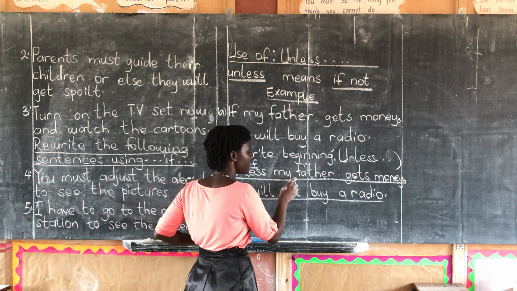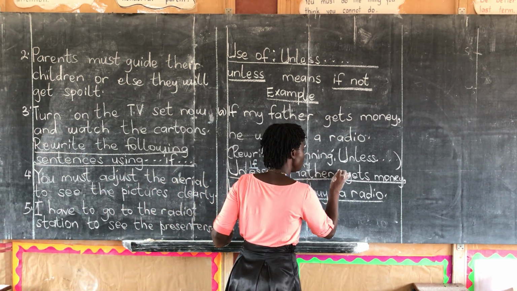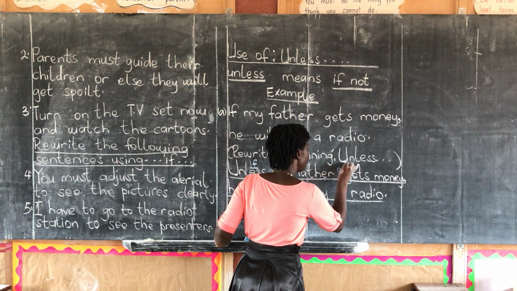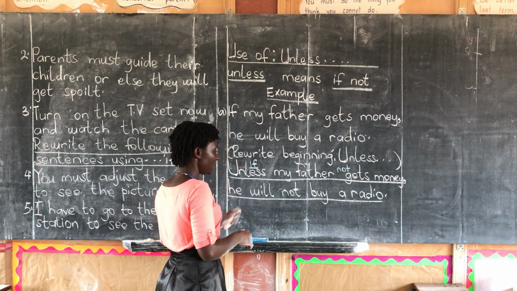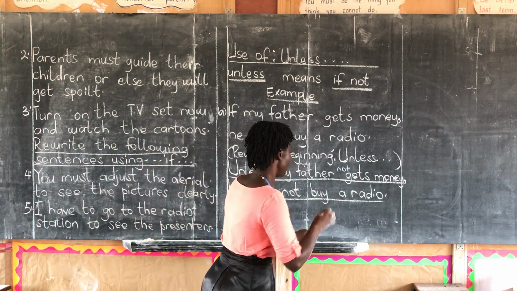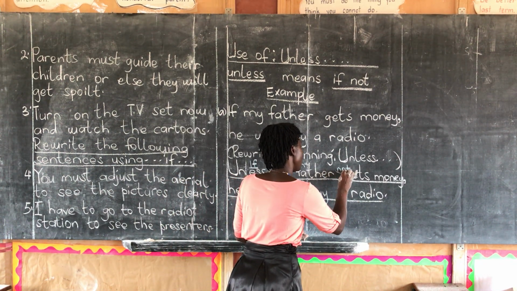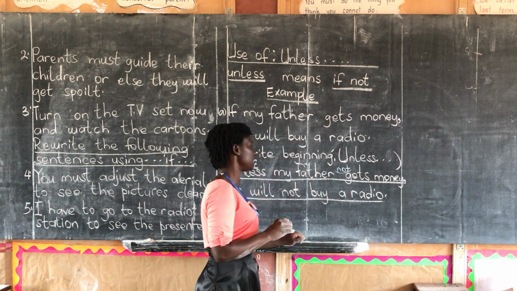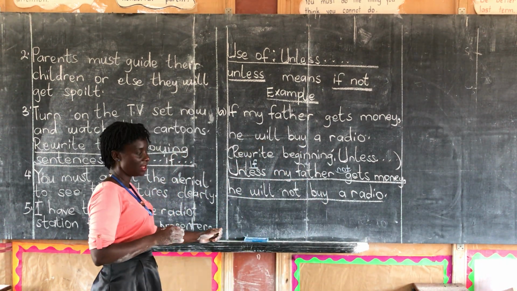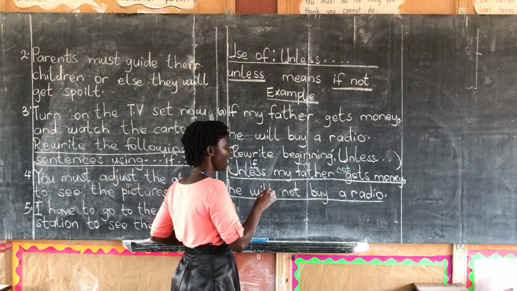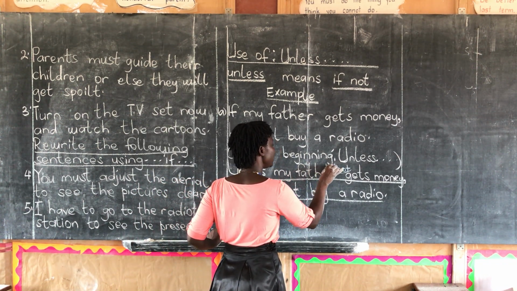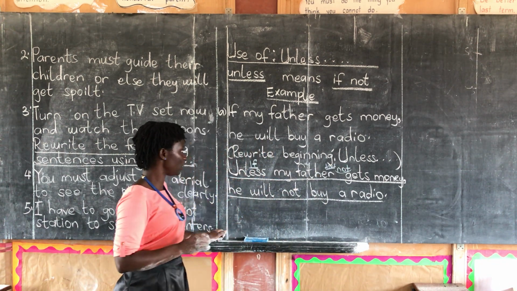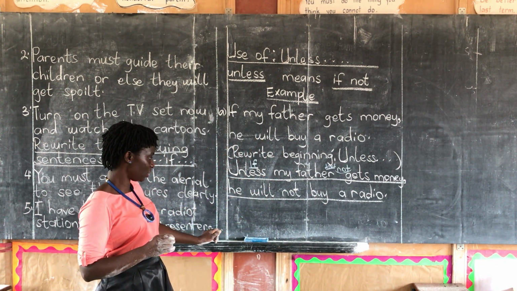If my father does not get money, he will not buy a radio. Because we cannot say that if my father not get money. So we shall say, if my father does not get money, he will not buy a radio.